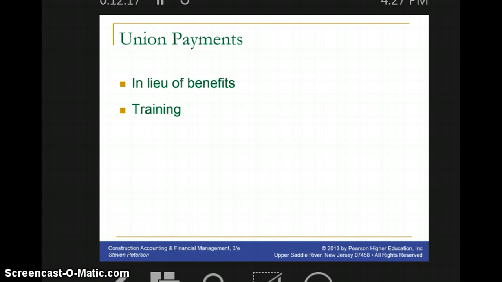In the case of union payments, certainly they may be in lieu of the benefits, but union payments typically cover the expenses of training, pension, health insurance, and some unemployment insurance that unions may carry on behalf of their members. So certainly that is also an expense that could potentially affect the employer.